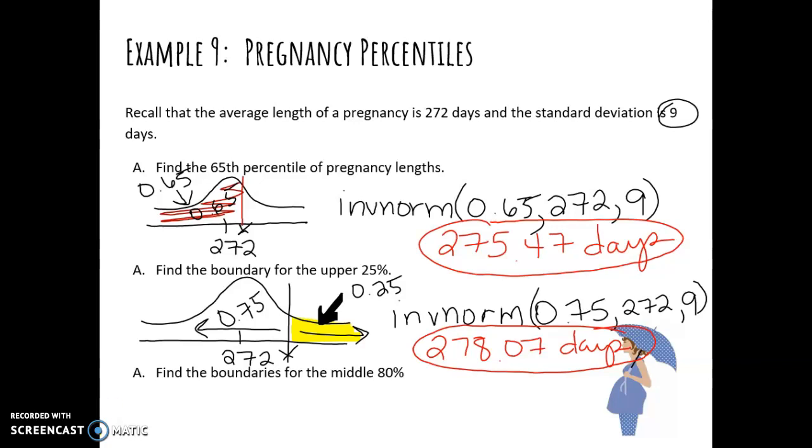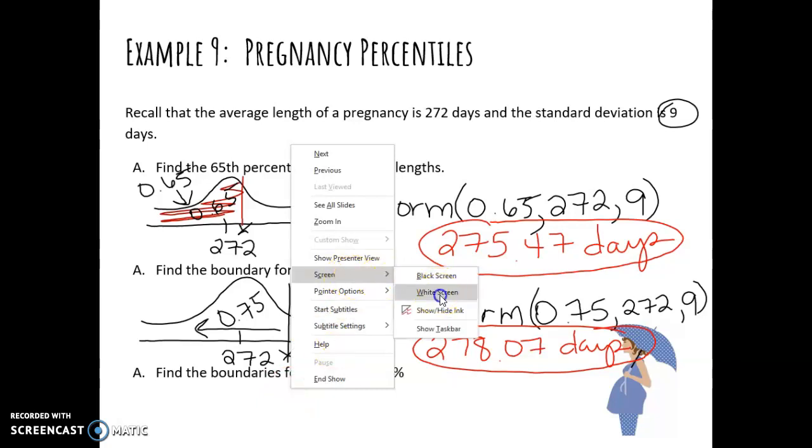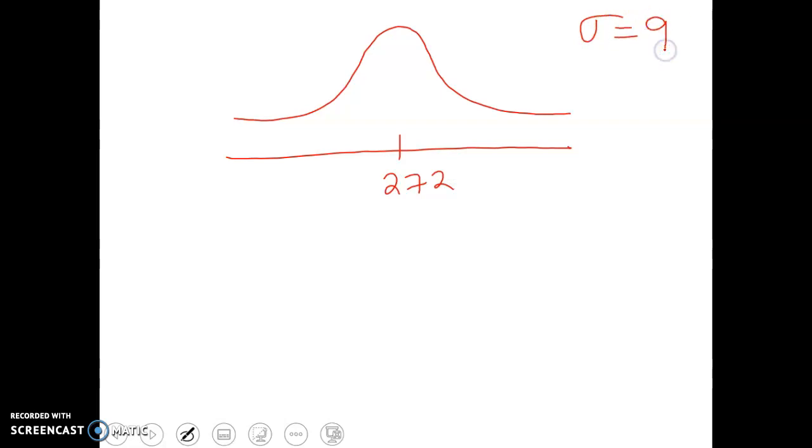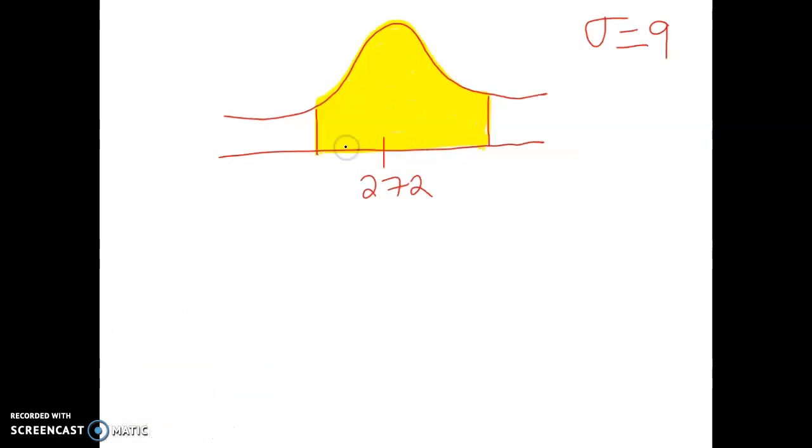All right, so let's look at this last one. Find the boundaries for the middle 80%. So this one I want to draw out on a bigger screen. This was 272. Standard deviation is 9. We want to find the two boundaries that bound this middle, and the middle is 80%.